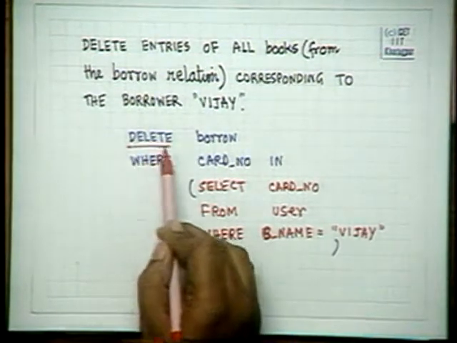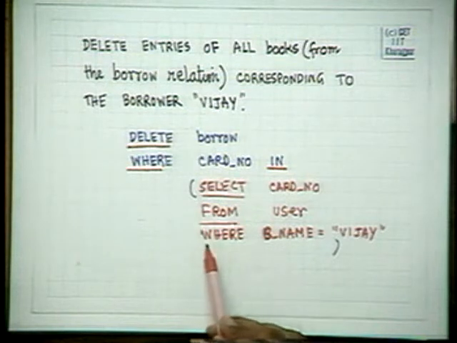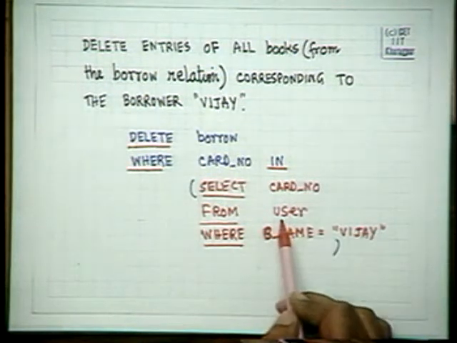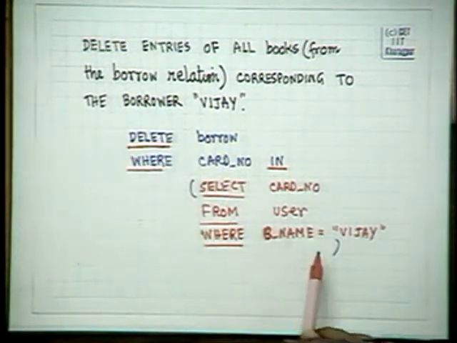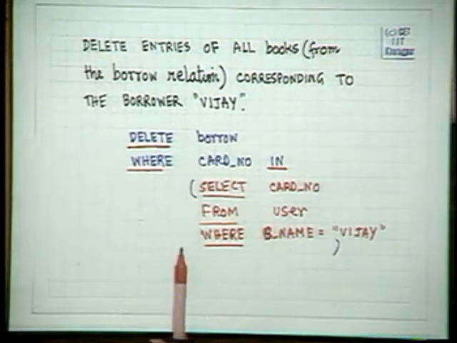So delete borrow where card number is in select card number from user. So we've got all the card numbers, and in the borrow relation if the card number matches this, we will delete.